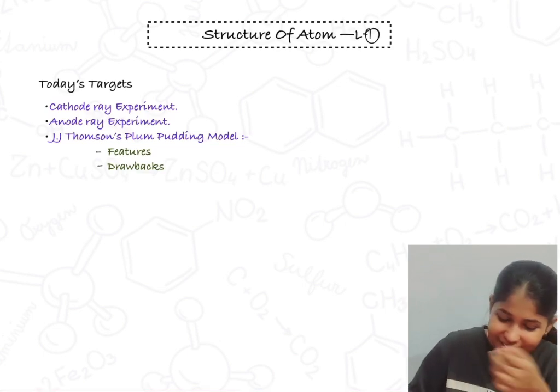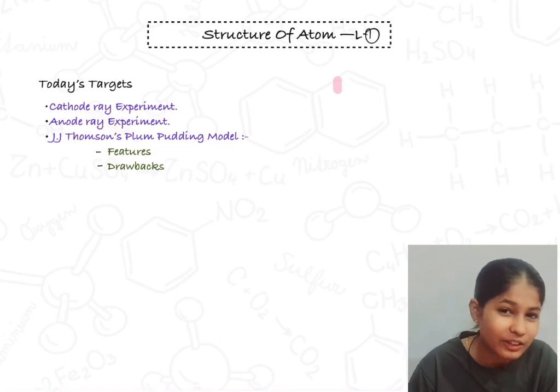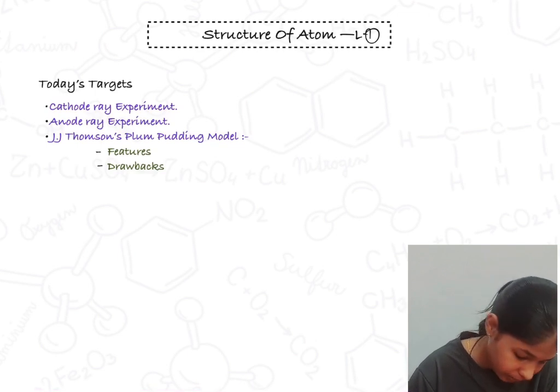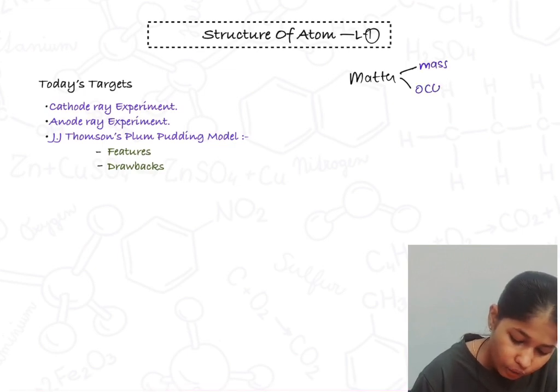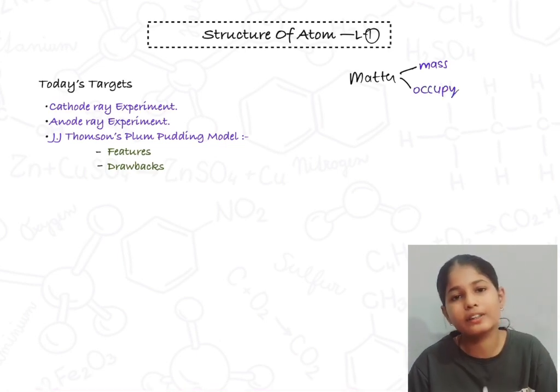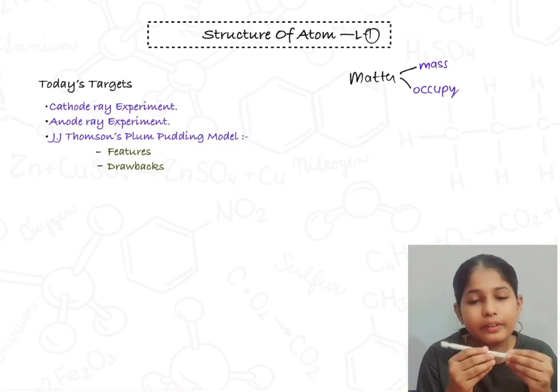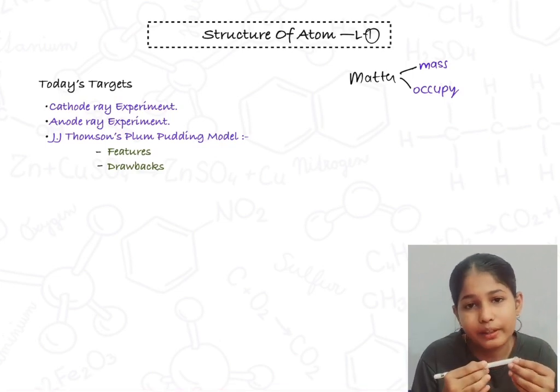Now what is matter? It is actually a very basic thing, but let me tell you what matter is. Matter consists of those things which have their own mass and occupy some space. If I'm taking anything, for example this pen, and I'm saying that this is matter, why?